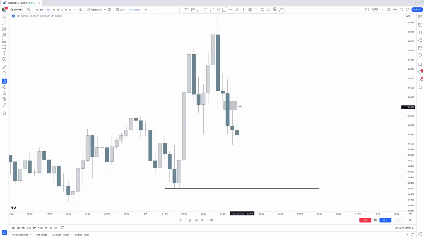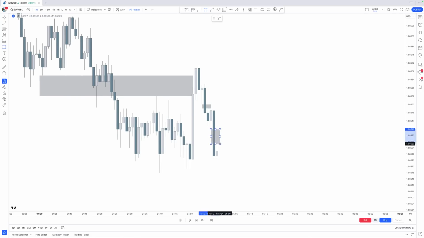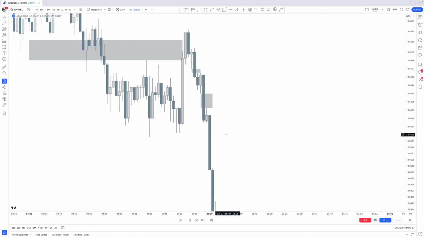And off of that 15-minute fair value gap right there, you can now even go into, again, the 1 minute time frame, because the 1 minute time frame right here already has this fair value gap continuing lower right there, which eventually we continue lower off of the overall breaker that we see towards the left. Again, you don't need to enter in the fair value gap itself.